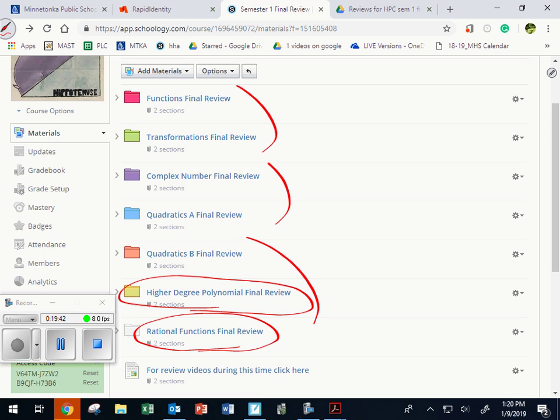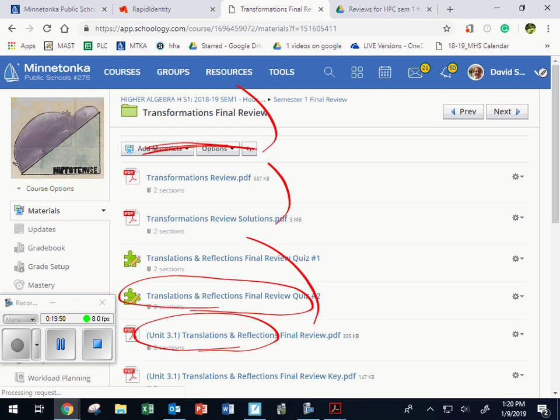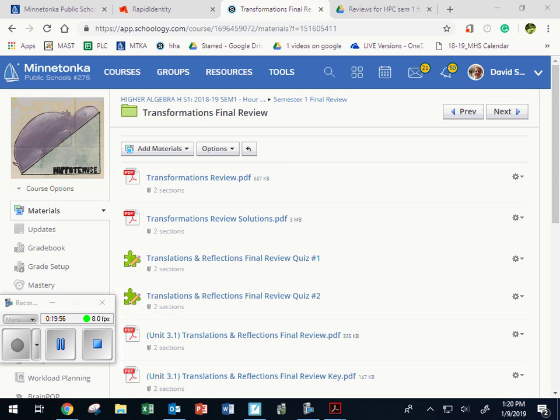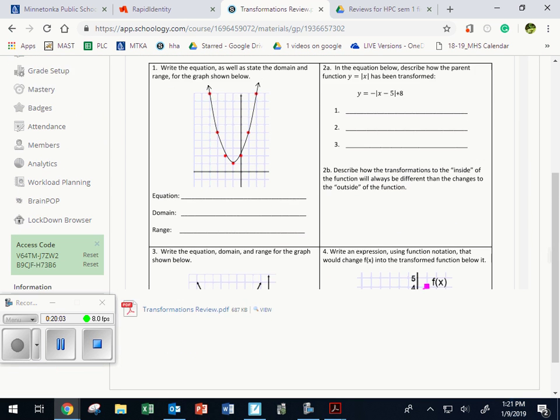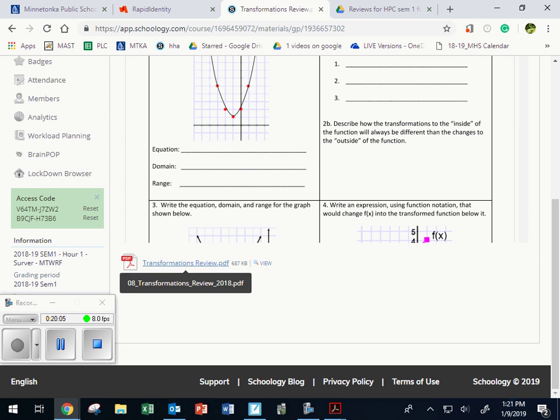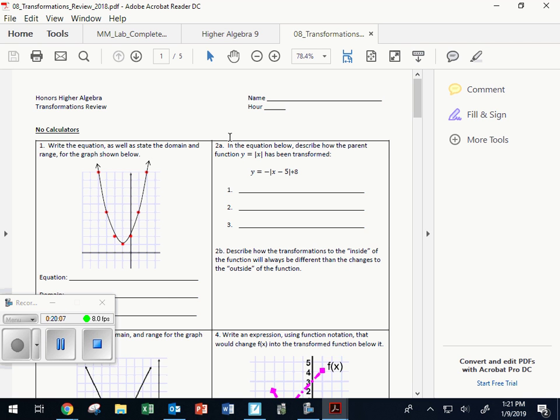All right, so transformations final review. This one right here. Would you please go in there, and then go to the worksheet, and then let's pull it up in a PDF.